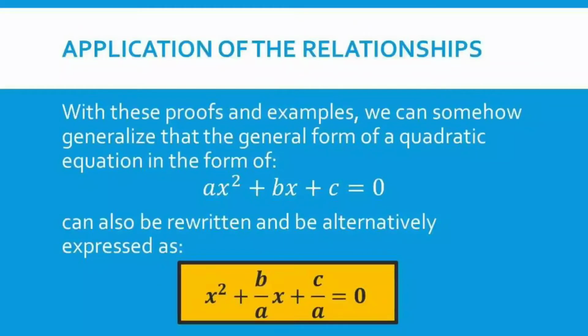So with these proofs and examples, we can generalize that the general form of the quadratic equation, ax squared plus bx plus c equals 0, can also be rewritten and alternatively expressed as x squared plus b over a x plus c over a equals 0.